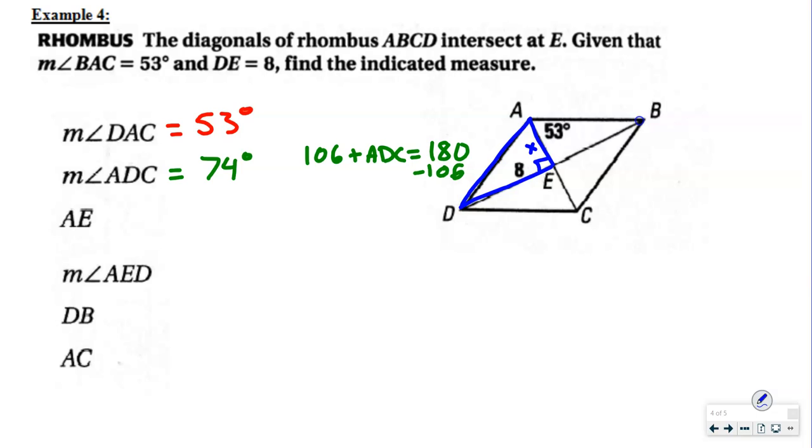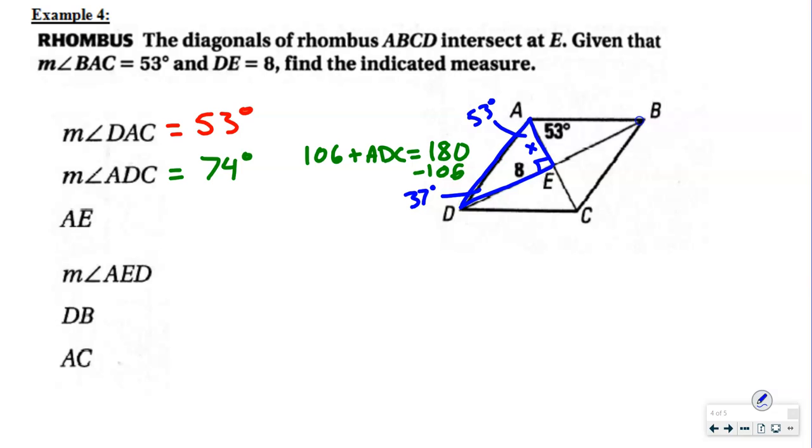I know this angle up here is 53 degrees, which tells me also that this angle down here is 37 degrees, because they need to all add up to 180. So now, when we know an angle, and we know at least one side, how can we find a missing side? We can use our trig ratios, sine, cosine, or tangent.